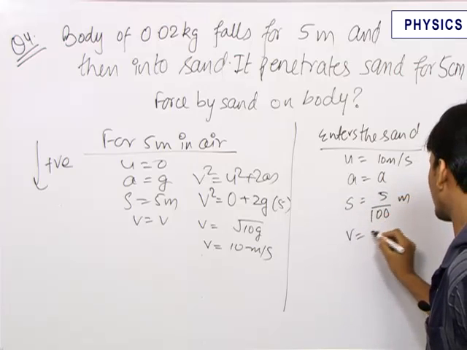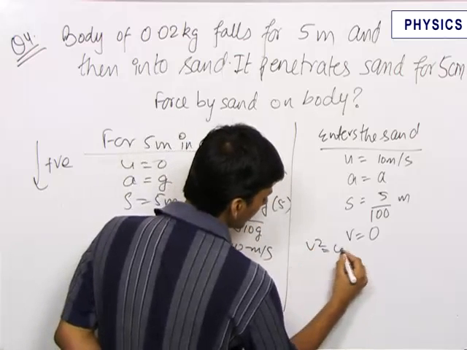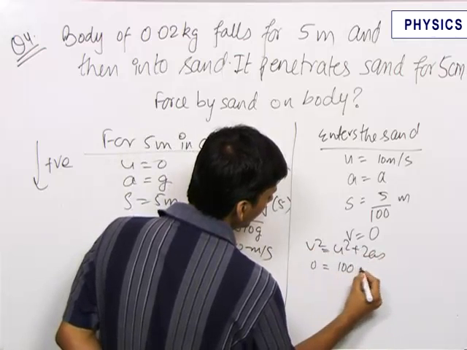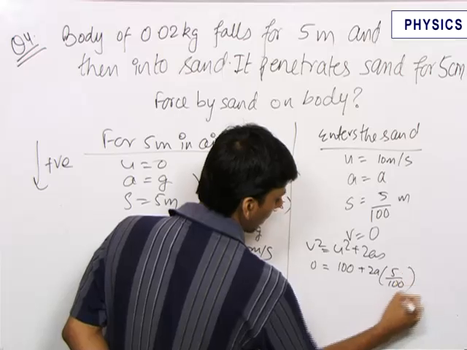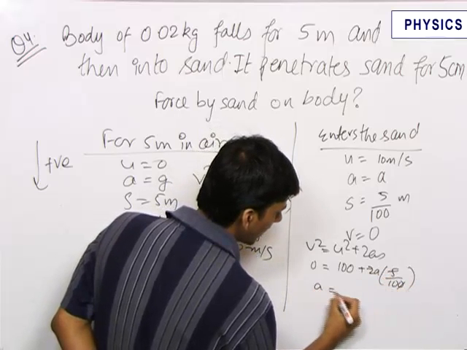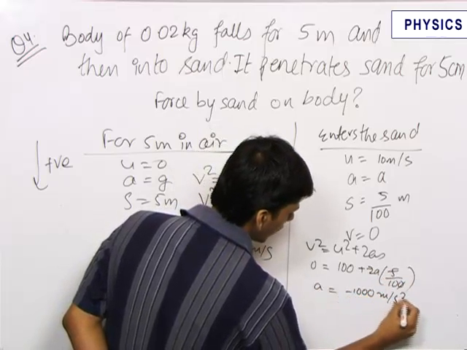Its final velocity is 0. We again apply v squared is equal to u squared plus 2as to get 0 is equal to 100 plus 2a into 5 by 100. So we get this acceleration as minus 1000 meters per second squared.